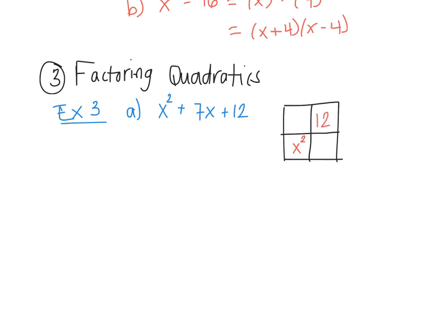Now for this 7x, in order to factor, we're going to split that 7x between this box and this box, and you kind of have to be clever about how to break up 7x, because we specifically want the two numbers that will add up to 7, and those two numbers also need to multiply to 12.